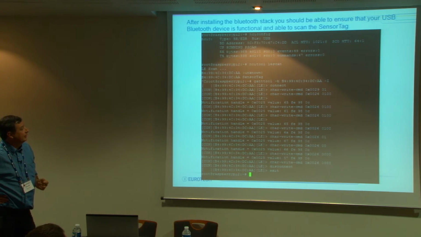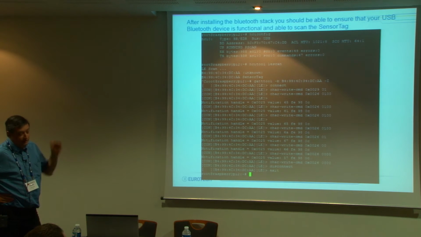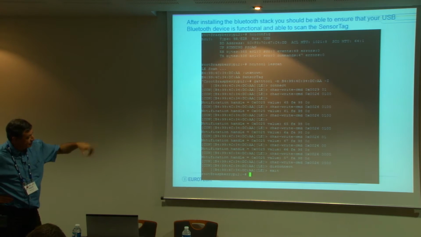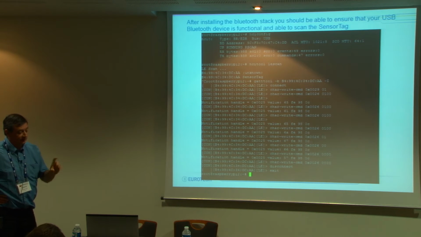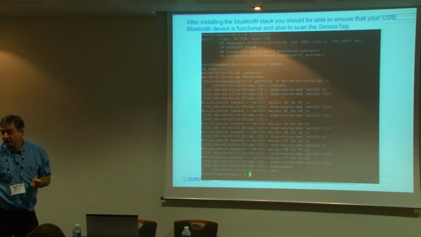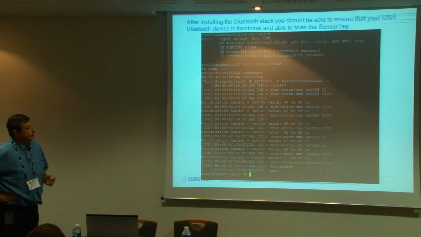And gatttool, which is also a tool included in the BlueZ stack, gives you the possibility to read effectively what is in the sensors. So you can read the temperature. In this case, we are reading the temperature. I'm showing that because the bundle inside Kura that I will use to do these kinds of things is using these commands, actually. This is a direct call to the BlueZ commands.